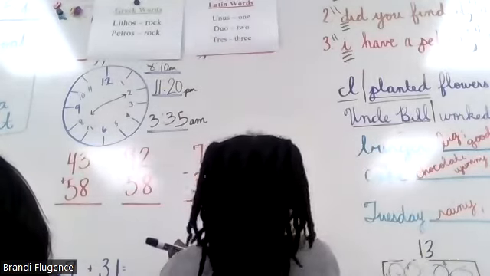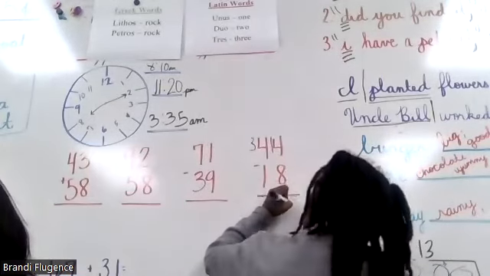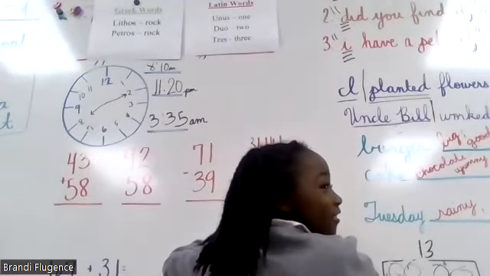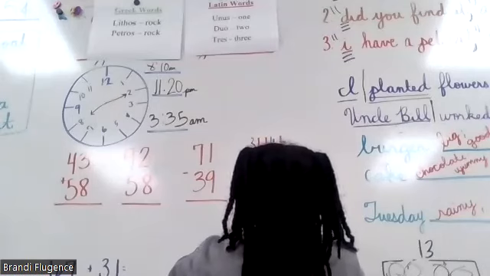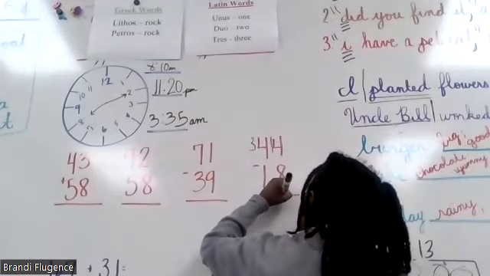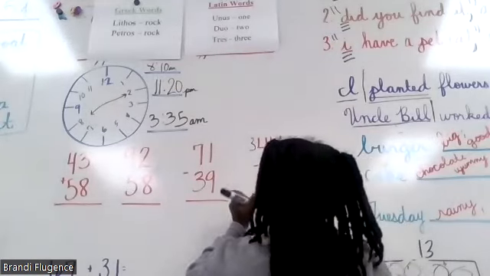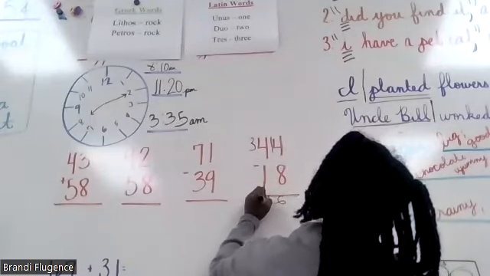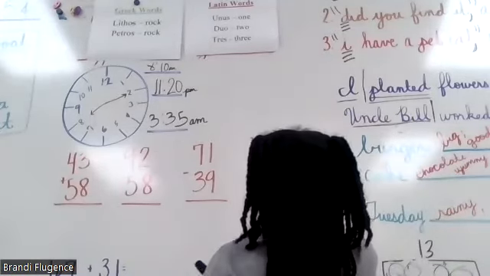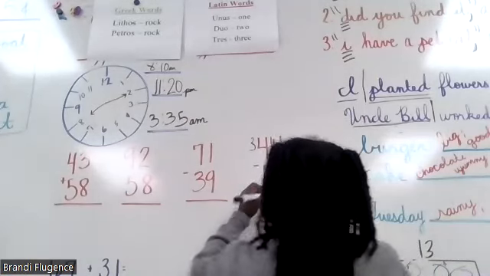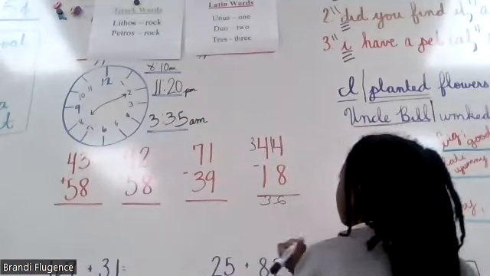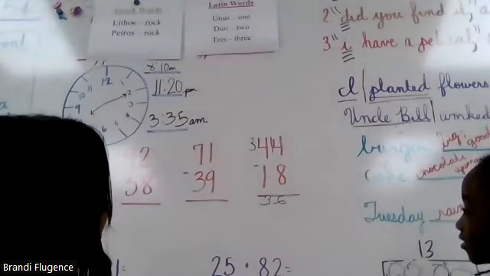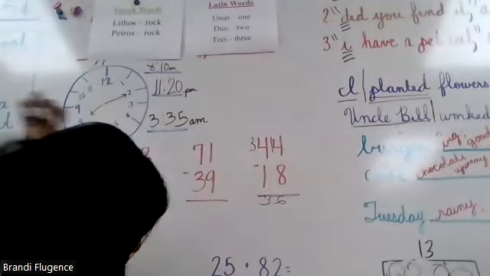What is that? 36. So 4 minus 8, can't do that.